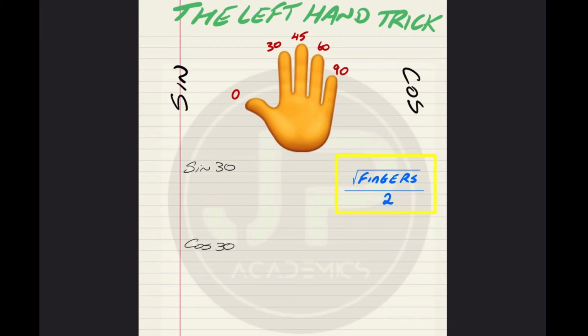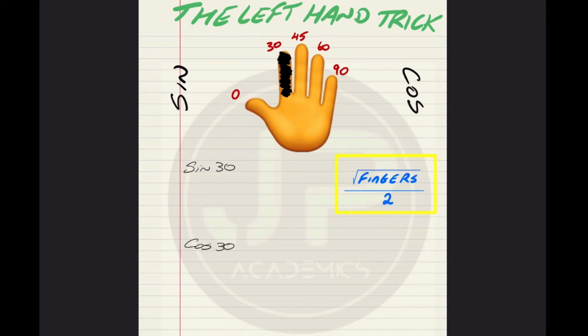How to use this trick? For example, I'm going to try and find what is sine of 30. So what I'm going to do is ignore my index finger, my 30 degree finger, and I am now going to count the amount of fingers on the sine side of this particular finger. So we can see that there's one finger on the sine side.